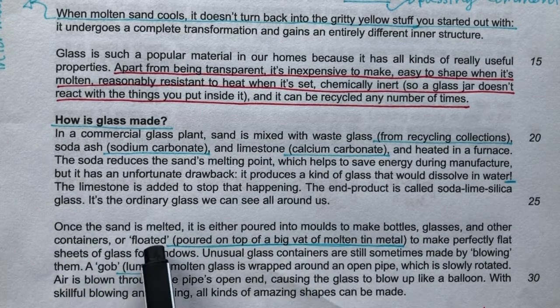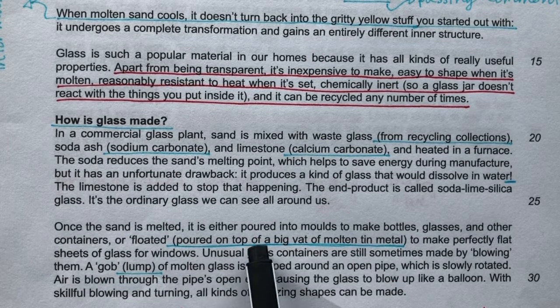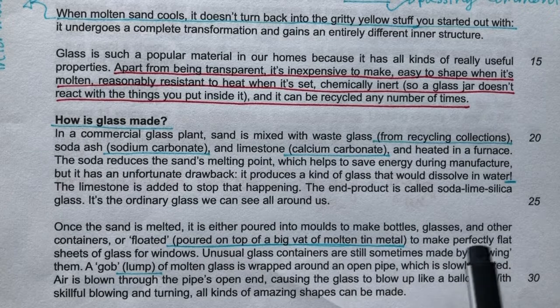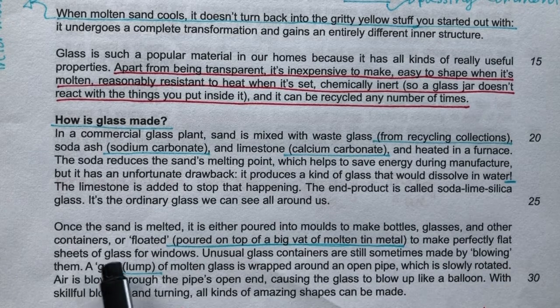Once the sand is melted, it is either poured into molds to make bottles, glasses, and other containers, or poured on top of a big vat of molten tin metal to make perfectly flat sheets of glass for windows. Unusual glass containers are still sometimes made by blowing them.